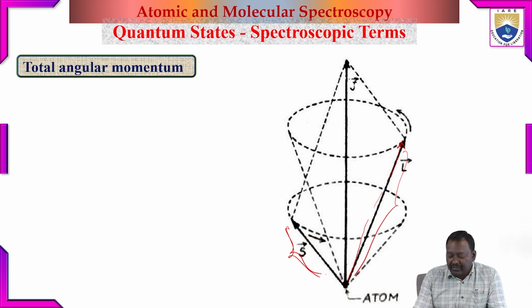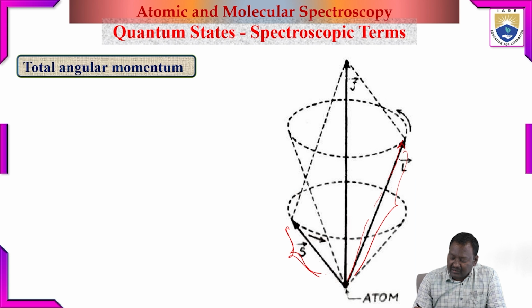However, the spin momentum also contributes to the total momentum of the electron, so we need to add these two momenta.